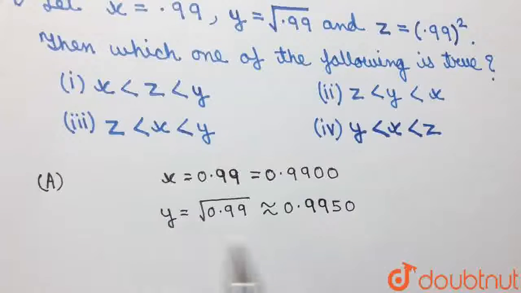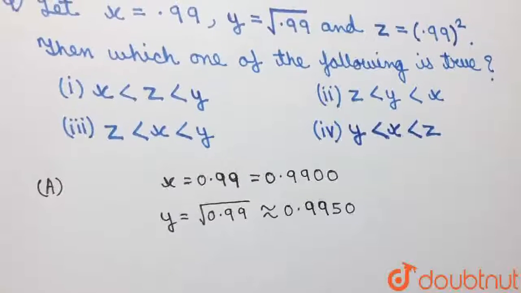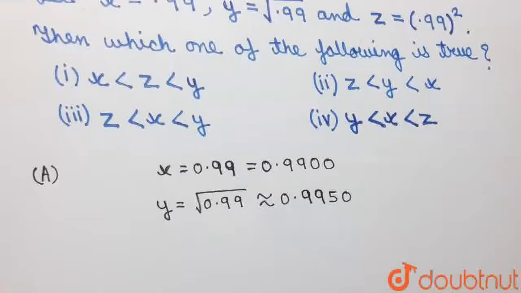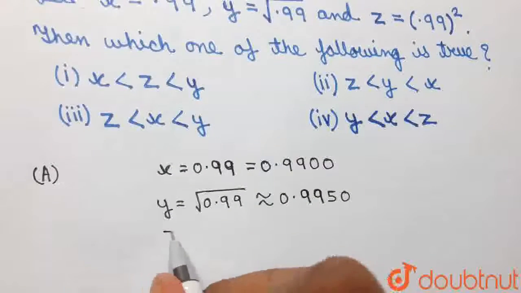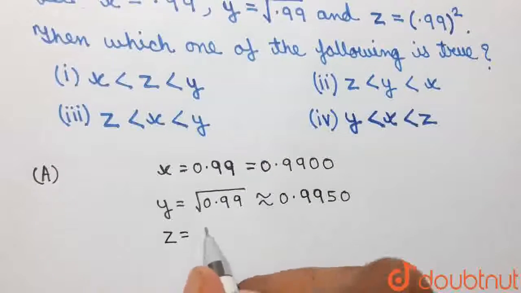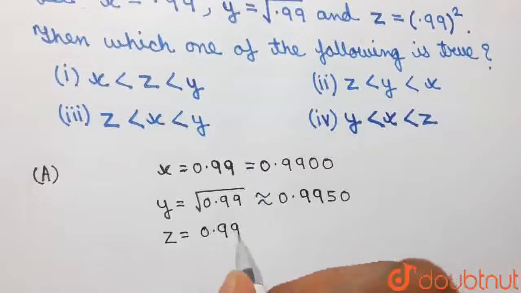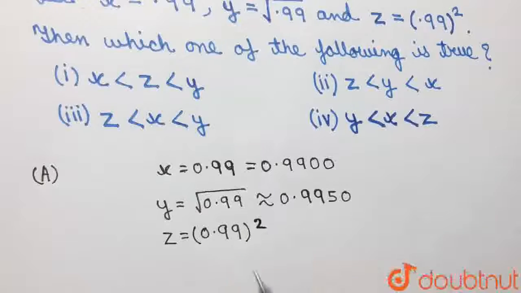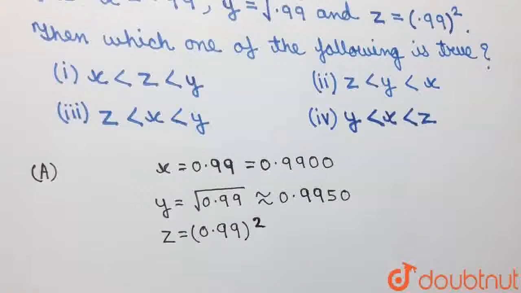So we have the value of y till 4 places after the decimal, and finally writing the value of z, which is given equal to 0.99 square. Now we know that again for numbers that lie between 0 and 1, the square of the number is smaller than the number itself.